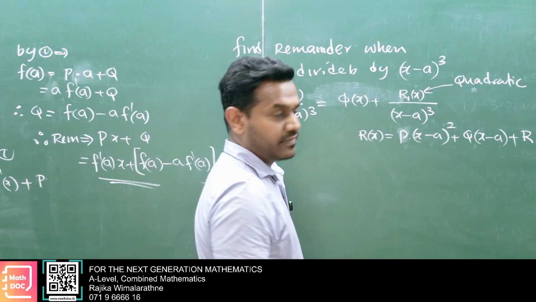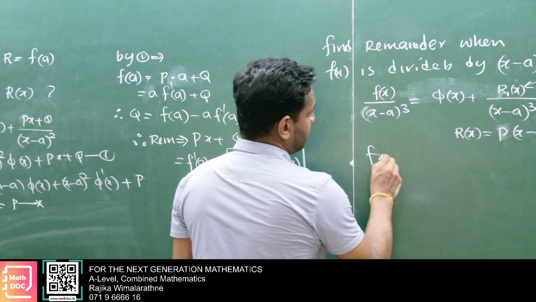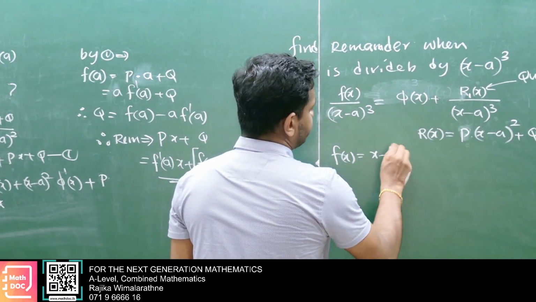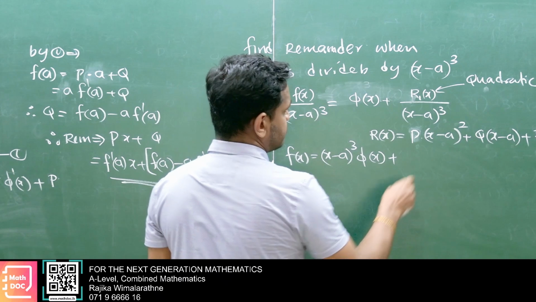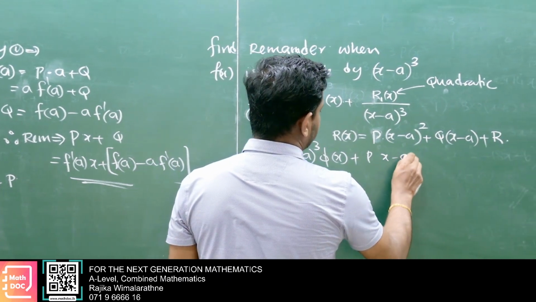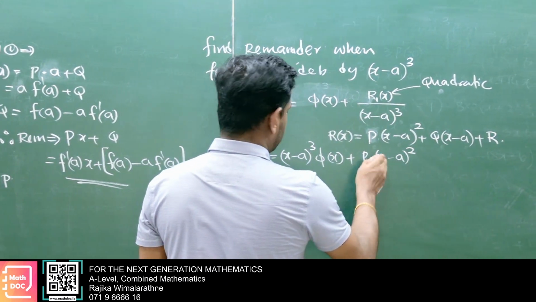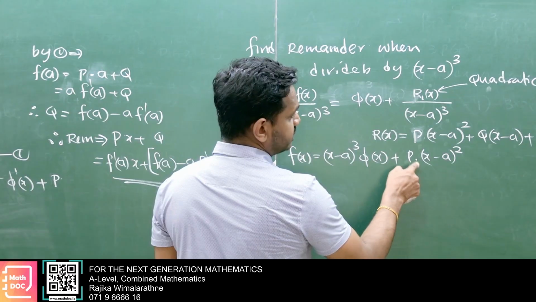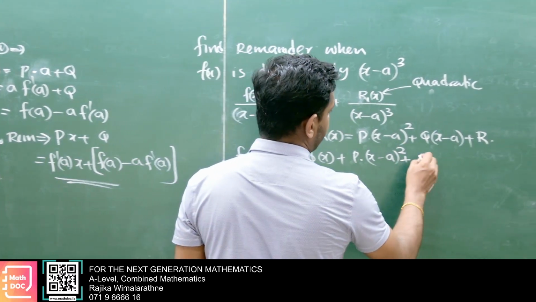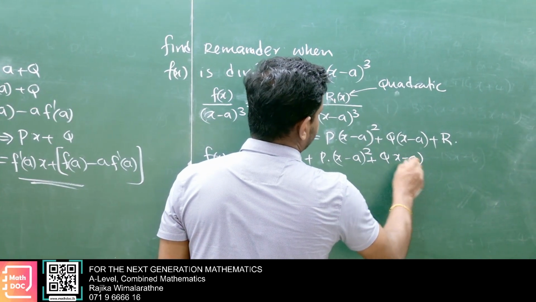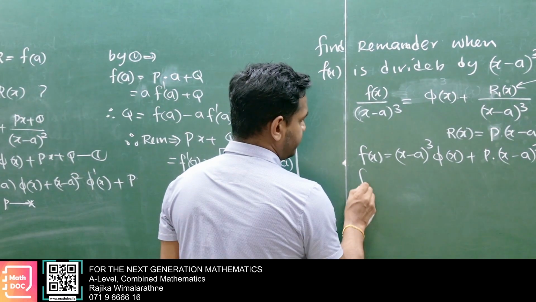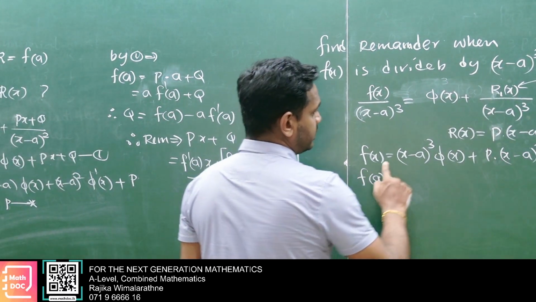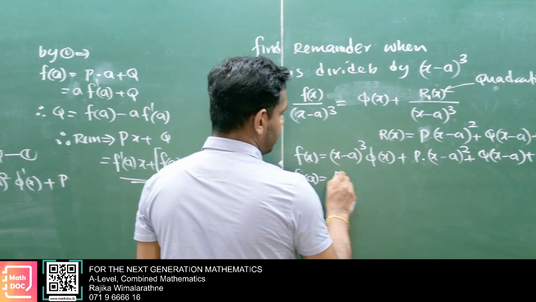It is quadratic now. Then f(x) equals x minus a cube phi(x) plus p times x minus a squared plus q times x minus a plus r. Don't be misled here, this p is not a function. Now you find r. f(a) equals 0 plus 0 plus 0 plus r.